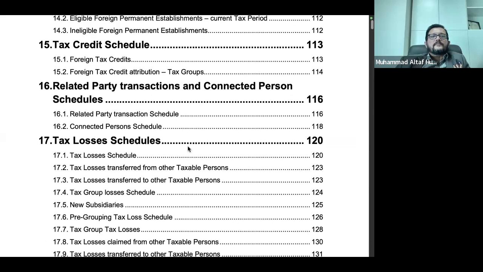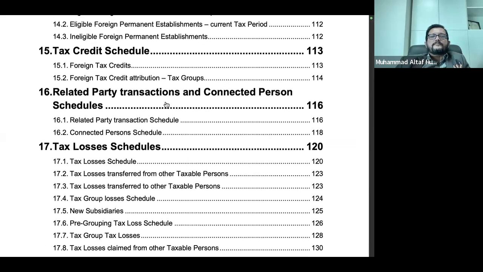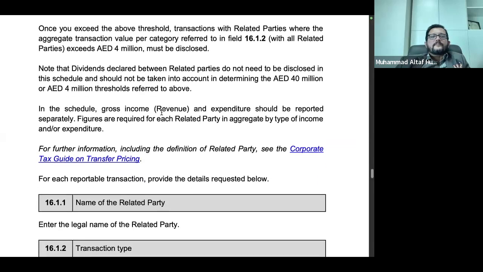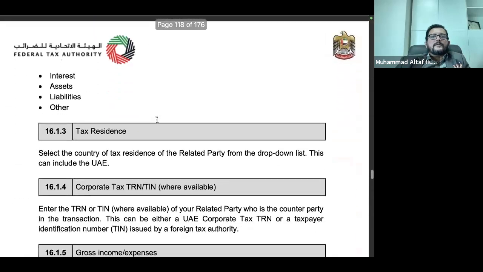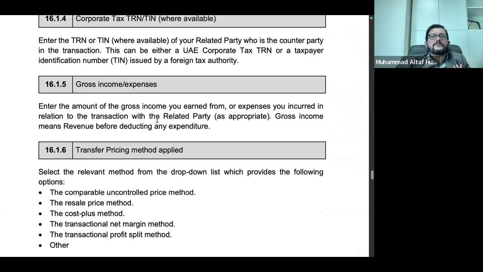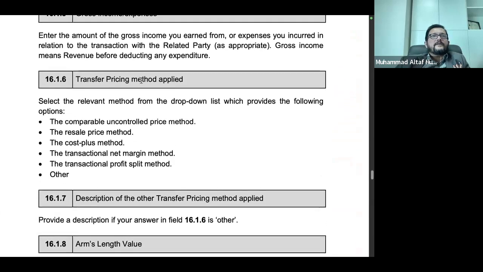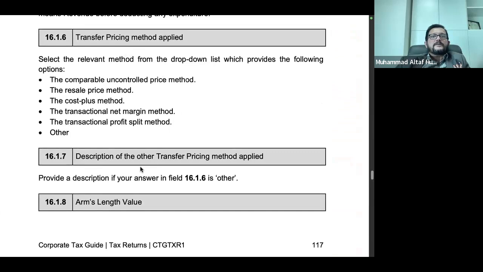Connected party transaction schedule, yes, there you are. Name of the related party, transaction, tax residence, gross income, transfer pricing method applied. You see, so this is part of the return.